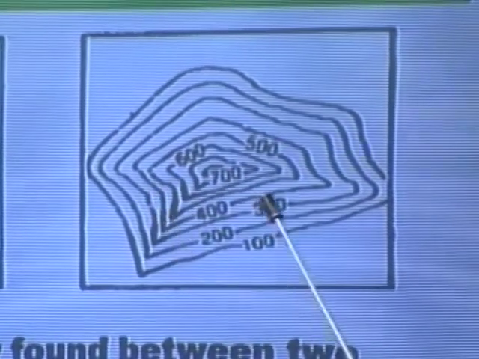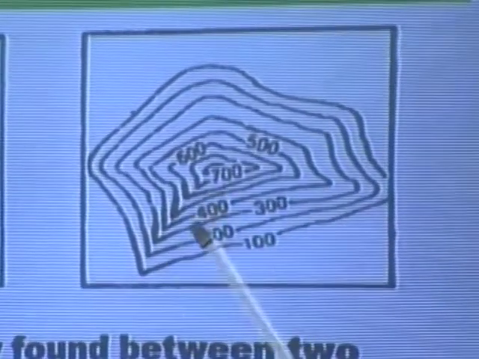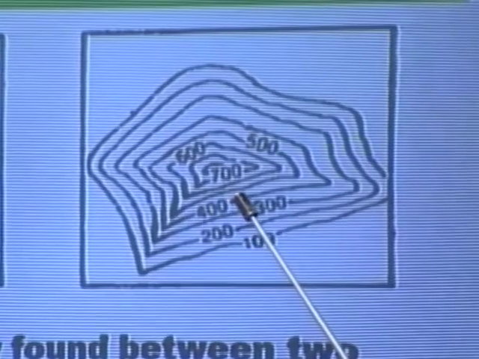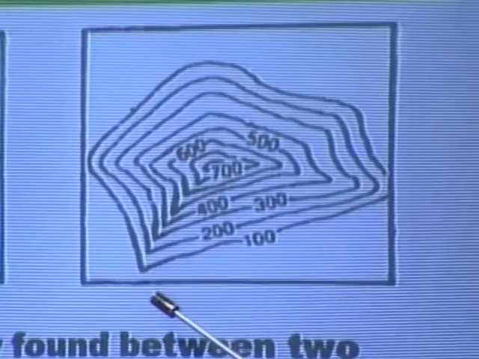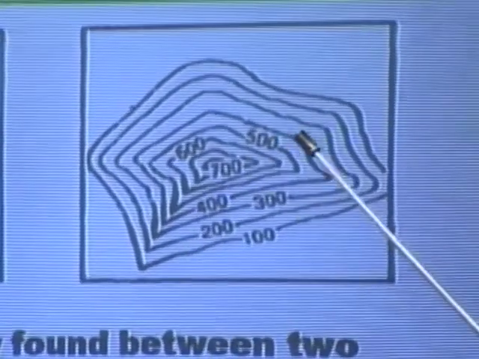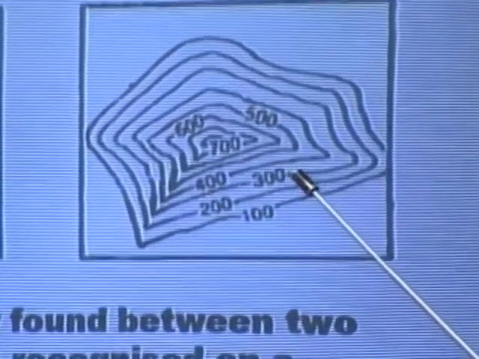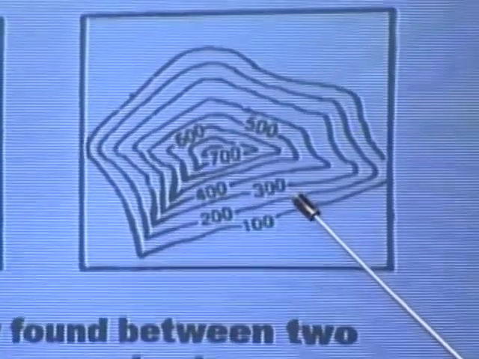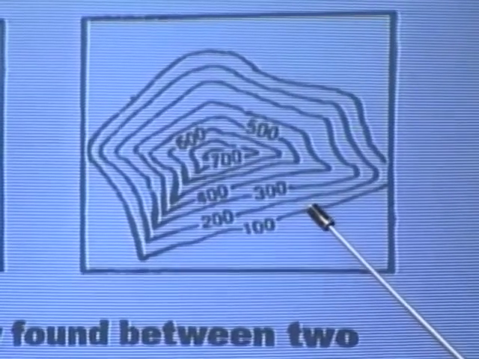But note also that the V-shaped patterns are pointing downhill. It's important for us to recognize this, because if we don't get this right, when we come to the next contour pattern of a valley, we will make a mistake.